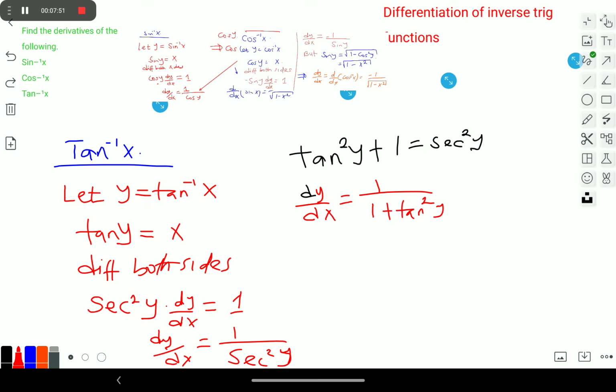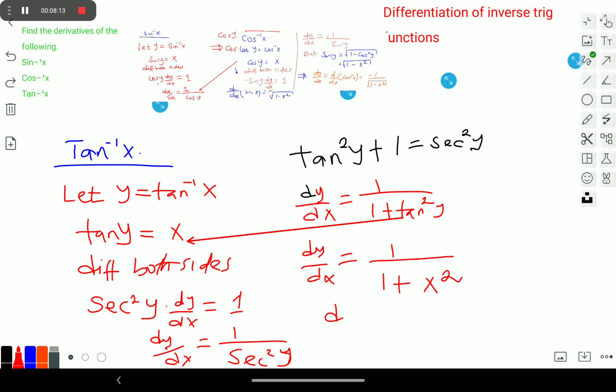But of course we know tan y is x. So dy/dx will be equal to 1 out of 1 plus x squared.